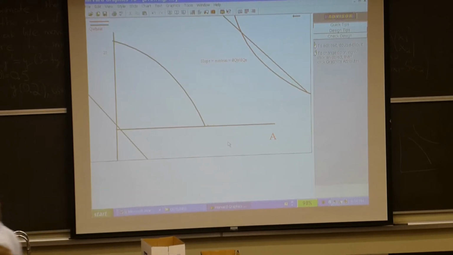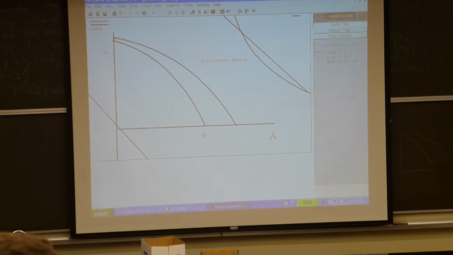And you can see this is my first problem set question in production possibility curves. The change in the production possibility would look something like this. Notice, if this was 100, this would be 120, because agricultural production went up. If you're producing nothing but agricultural products, it would go up by 20%.